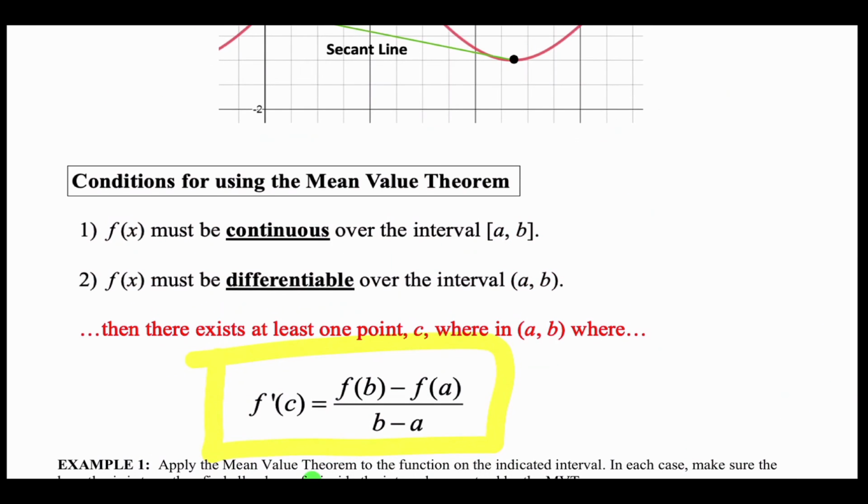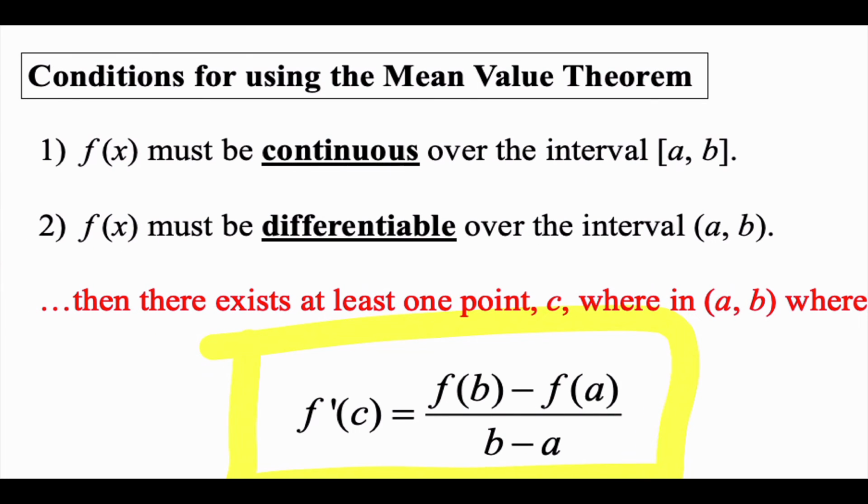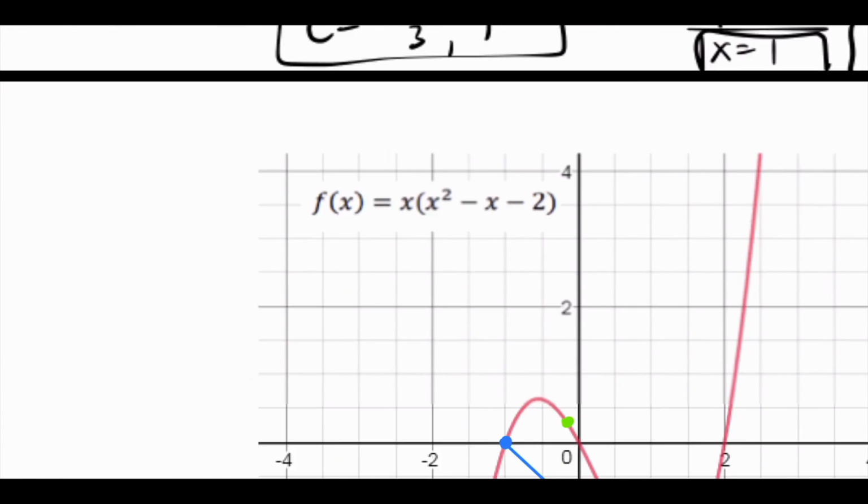Yeah, sure, Steve. It doesn't fulfill the conditions of the hypothesis. First thing we have to do is make sure the hypothesis is true. Is it continuous over the interval?